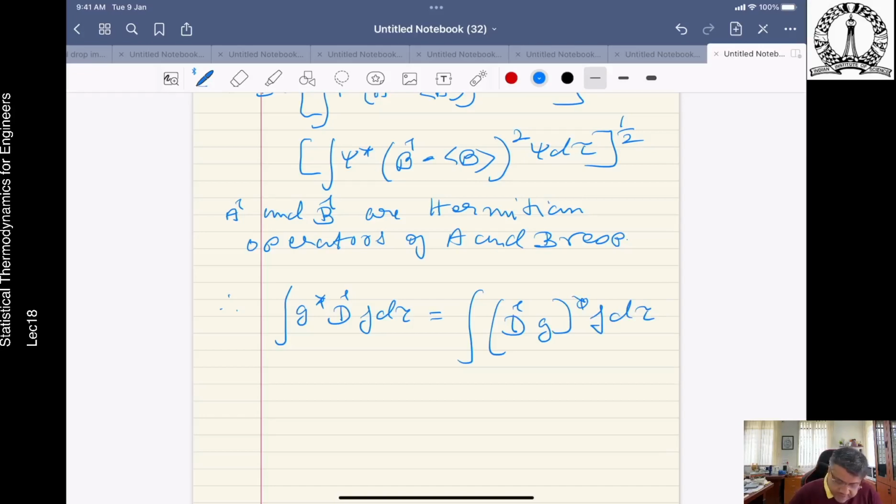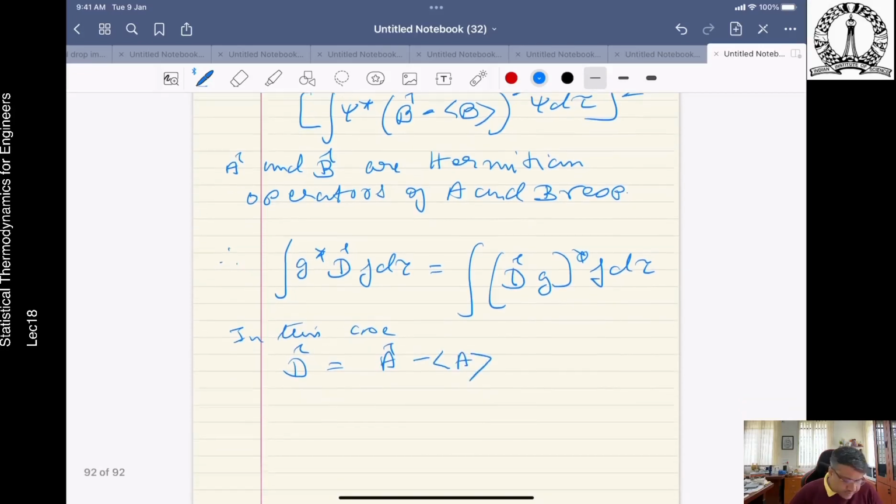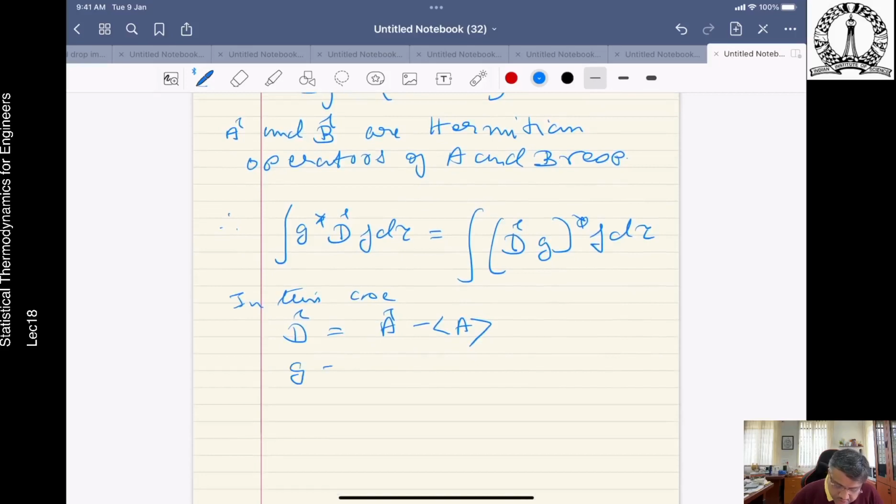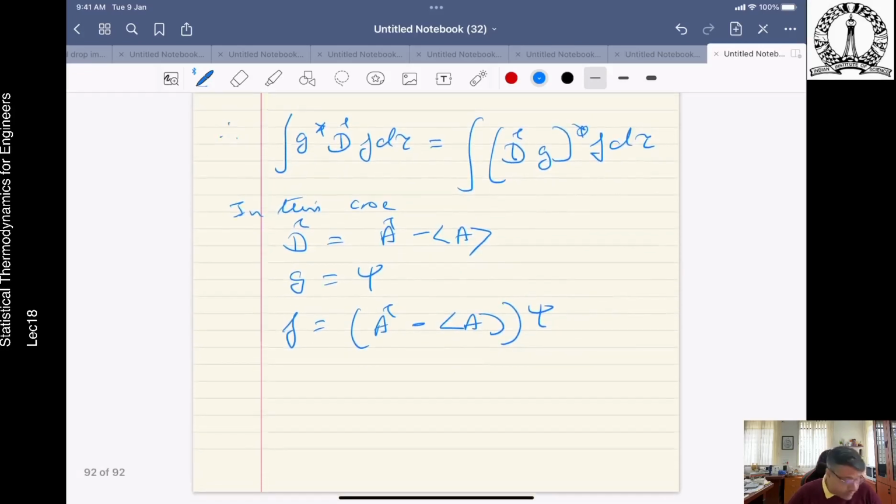Now let us assume in this case D hat is A hat minus A bar, and G, let's assume, is the wave function. And F is nothing but A hat minus A bar acting on the wave function.